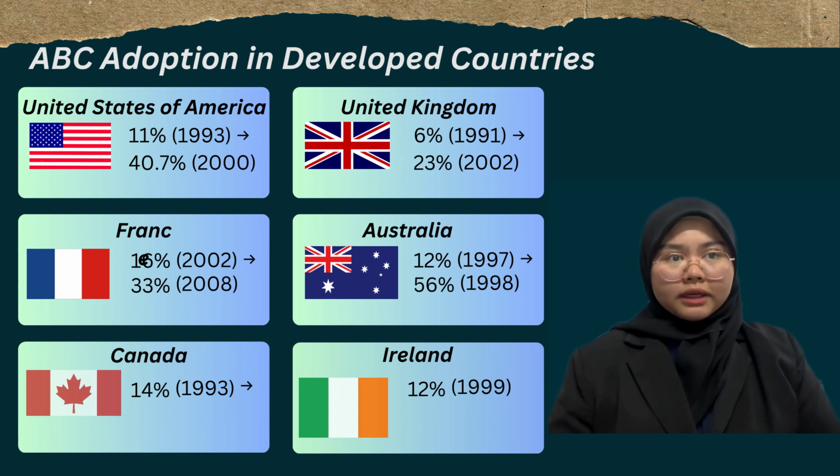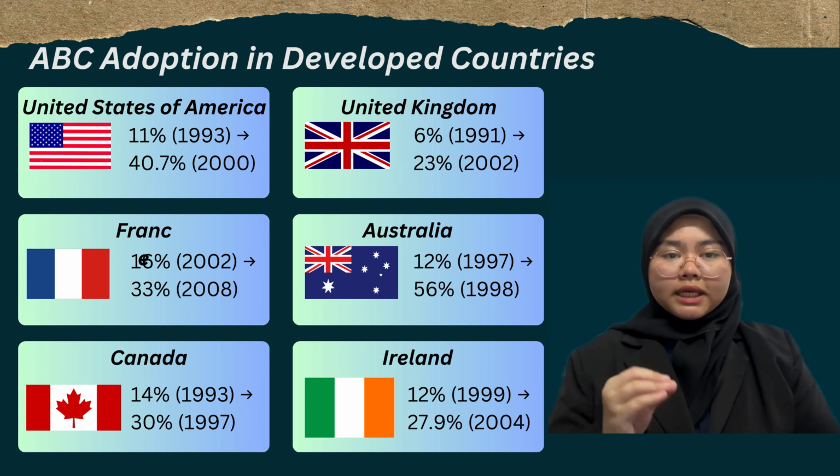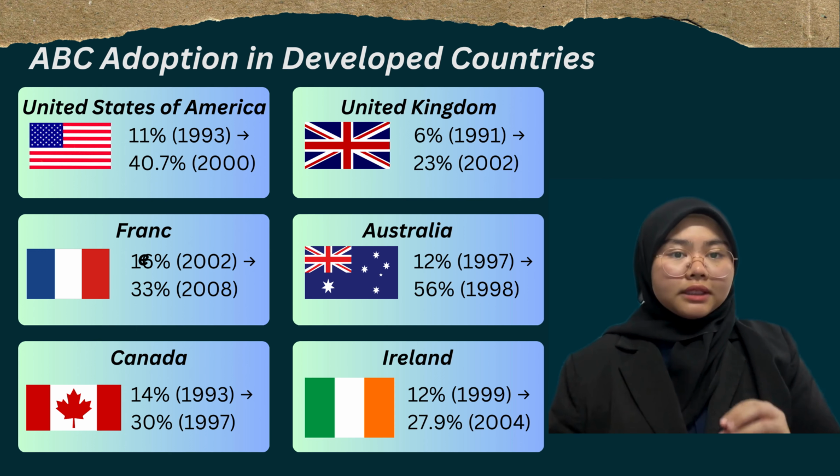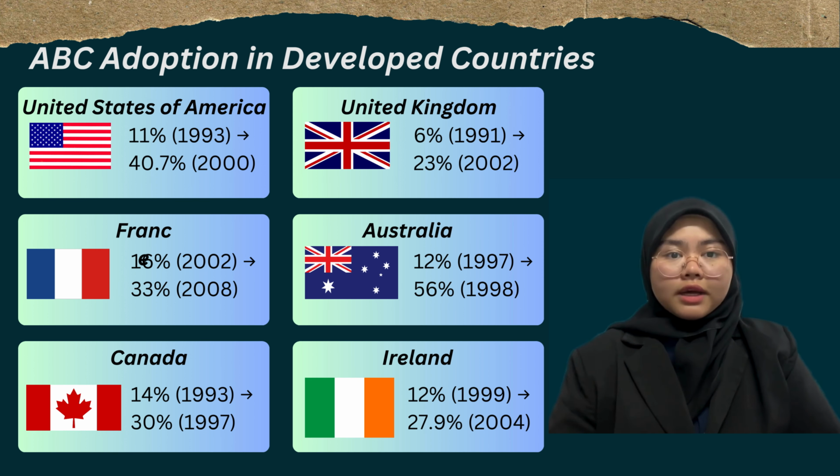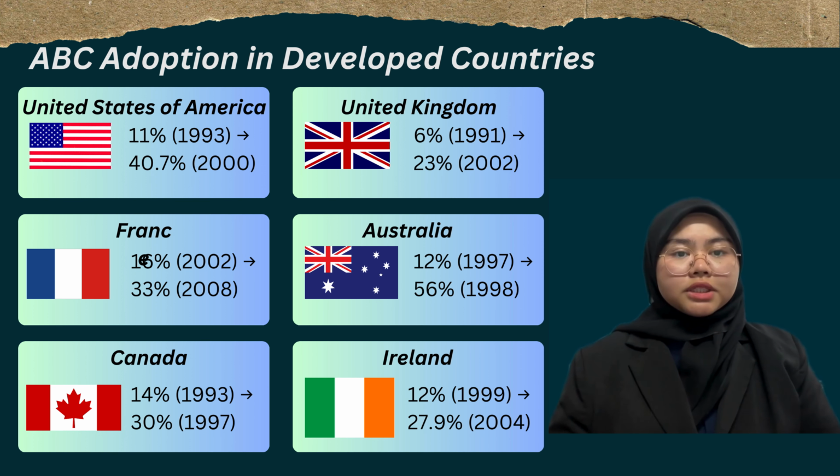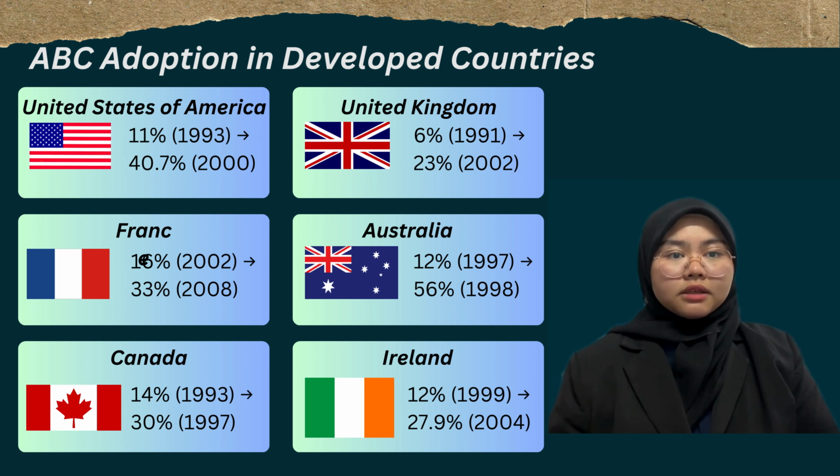According to the article, ABC adoption in developed countries has shown a rising trend. The article mentioned that in the United States of America, the adoption of the activity-based costing method has surged from 11% in 1993 up to 40.7% in the early 2000s.